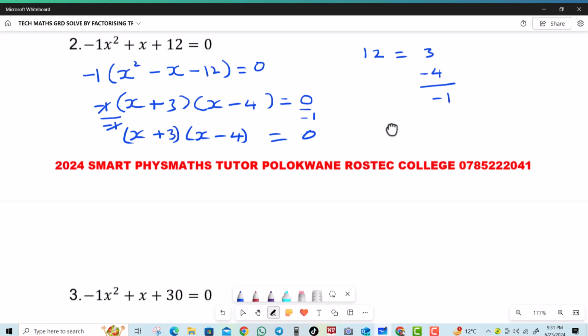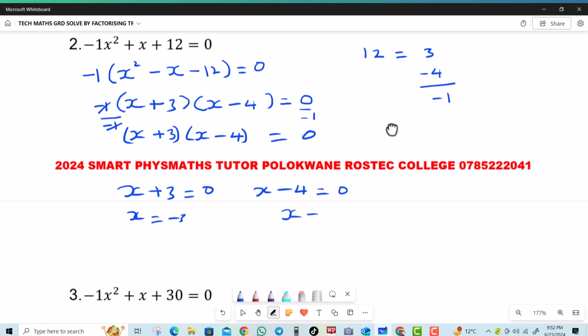So from here we're going to say either x plus 3 equals to 0, which gives us x equals to negative 3, or x minus 4 equals to 0, which gives us x equals to what? x equals to 4.